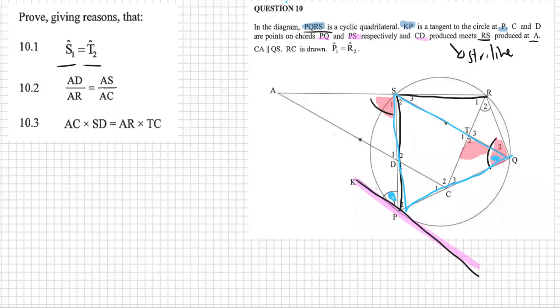Where else can we go? Well, looking at the information, oh, okay. P1 is equal to R2. So where's R2? Here, was given. P1 is equal to R2 is given.